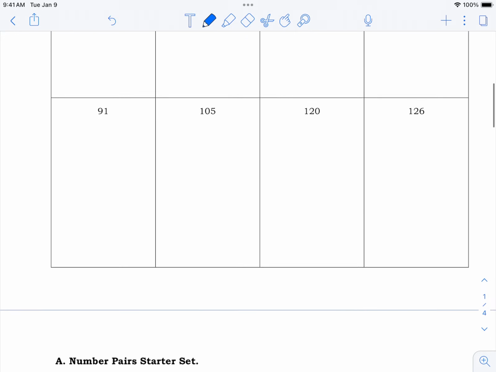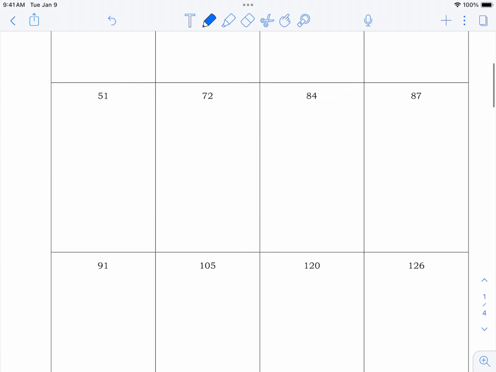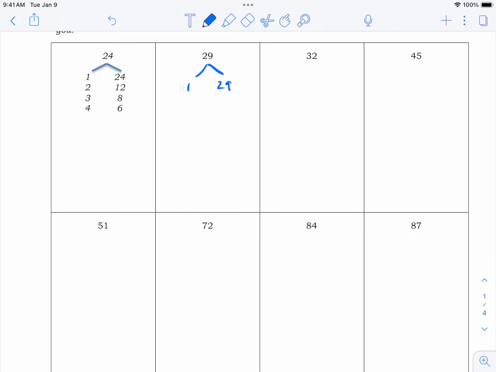I'll prove it to you. Take a quick look. You see a 29 in there? I see a 28. I see a 30. I see a 25. I see a 27. I don't see a 29 anywhere. And the reason is because 29 is a prime number. And because it's a prime number, we know we don't go any further with that. It's 1 times 29, stop.